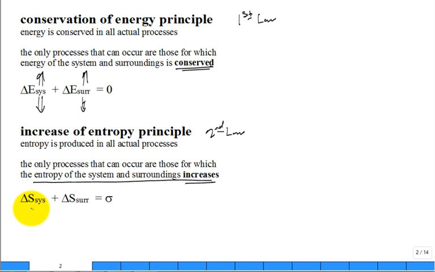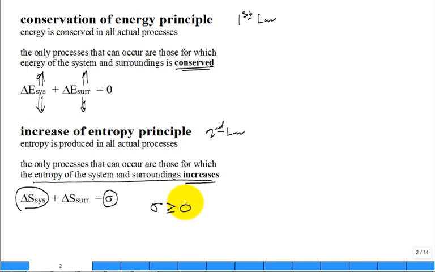So the change in the entropy of the system plus the change in entropy of the surroundings is equal to sigma, and sigma needs to be greater than or equal to zero. It cannot be negative. You cannot have entropy destruction. You can only have, at the best case, an infinitesimally small or negligible amount of entropy production.